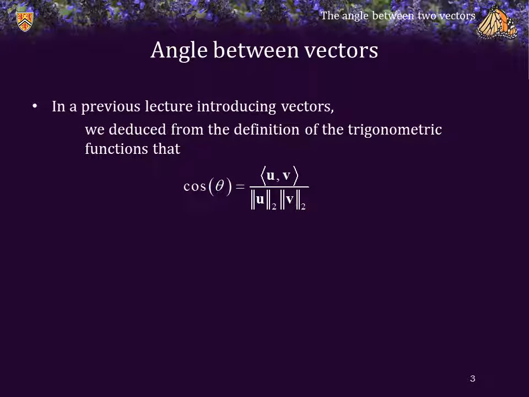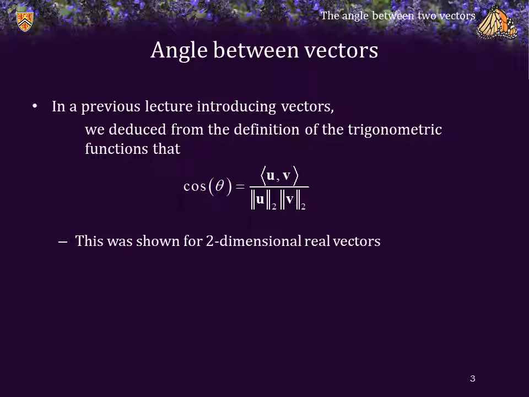Now, in a previous lecture where we were introducing vectors, we deduced from first principles, that is, from the definition of the trigonometric functions, that cosine of theta was equal to what we now call the inner product over what we now call the 2 norm of u multiplied by the 2 norm of v.